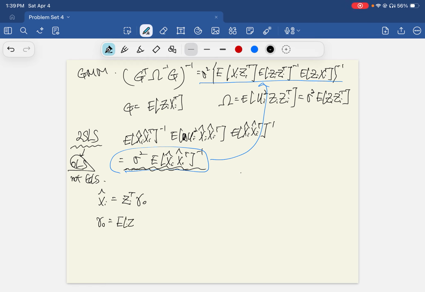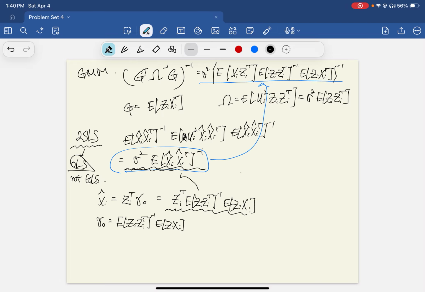So from the OLS identification, we know it is this. Okay, so it is straightforward to plug that in here: expectation zi zi transpose inverse, expectation zi xi. Okay, so then now I'm going to plug this into here.